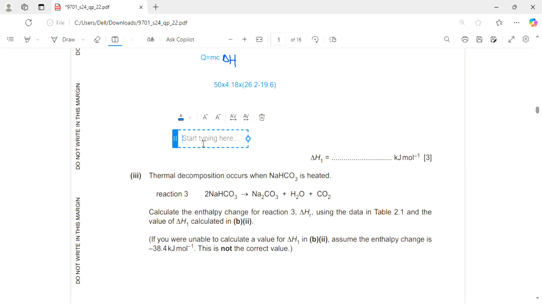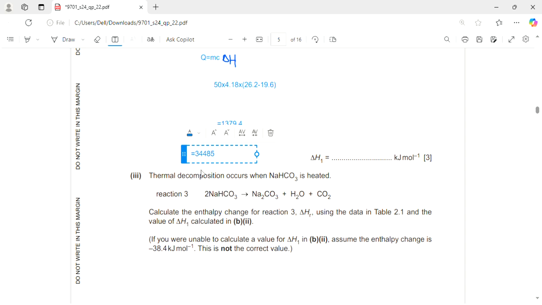So just divide by 0.04. 1379.4 divided by 0.0400. So here we get 34485.